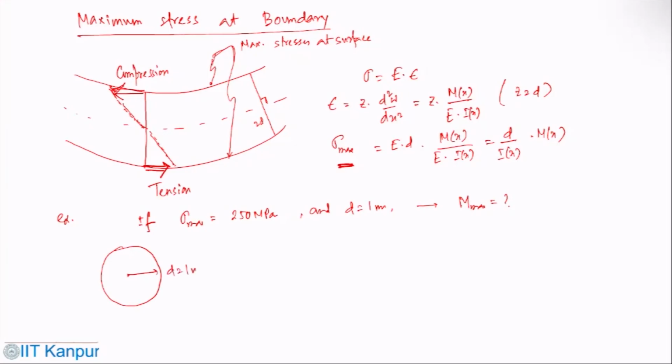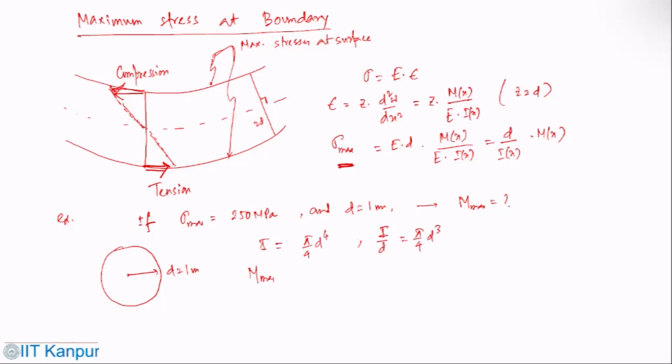Since d equals 1 meter, you have I, which is pi by 4 d4, or I by d is pi by 4 d cube.